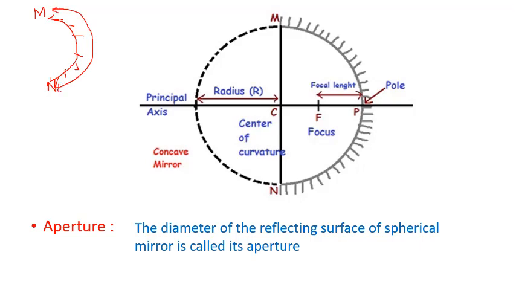Actually, this is not the aperture. This is called the arc. The diameter is the distance from here to here. In a circle, the diameter is the distance from this point to this point. So this will be called the aperture.